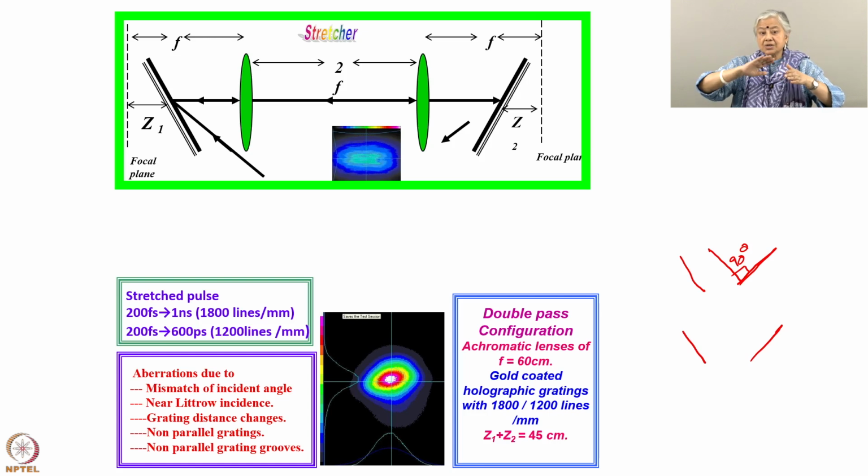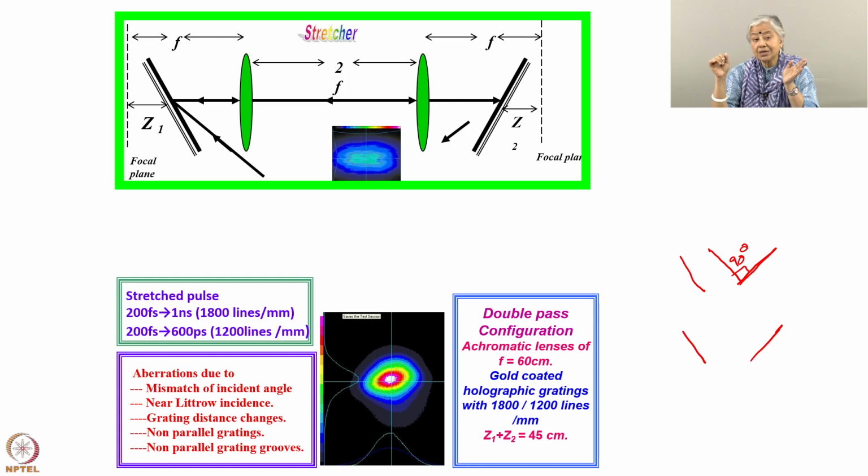Each of them has a phase difference between them, and they reach at a delay time, delayed one to the other. The blue one is delayed more, or the red one is delayed more, depending on the way you place the gratings, so how you want your dispersion. Basically, there is a delay in all these frequencies.